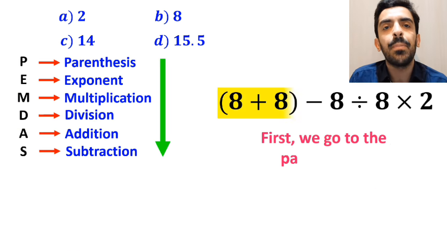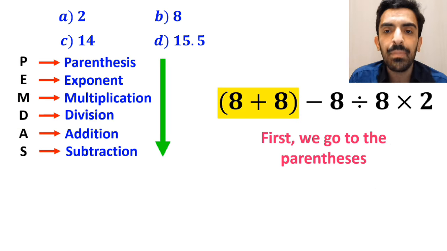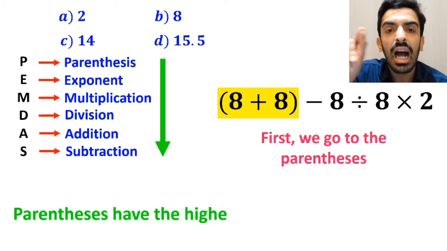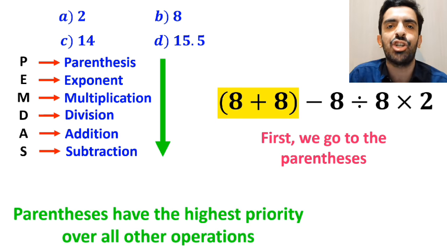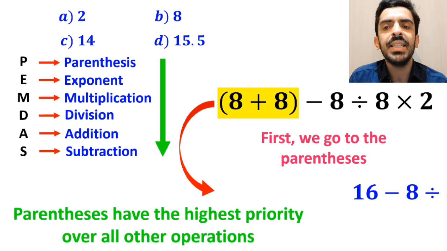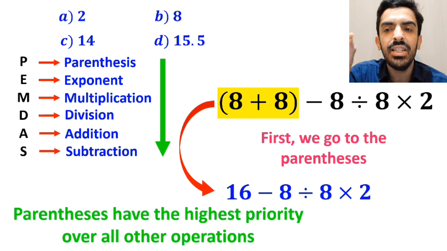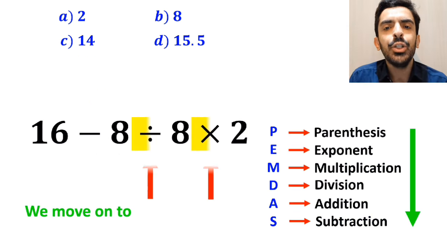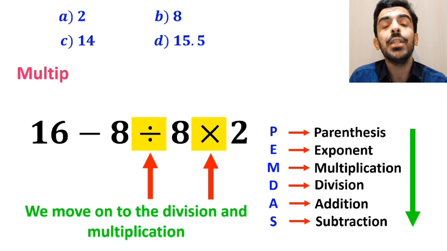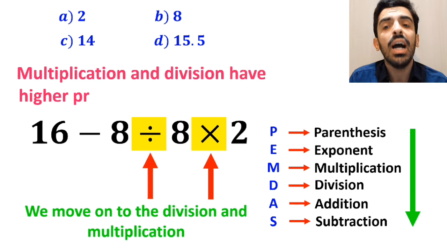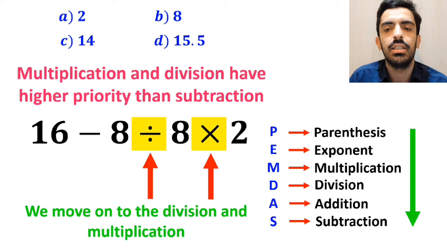Okay, first we go to the parentheses, because according to the PEMDAS rule, parentheses have the highest priority over all other operations. So, we can write this expression as 16 - 8 ÷ 8 × 2. In the next step, we move on to the division and multiplication, because multiplication and division have higher priority than subtraction.